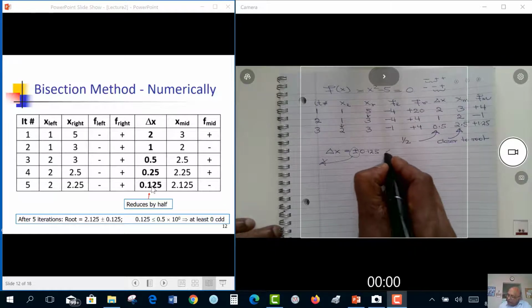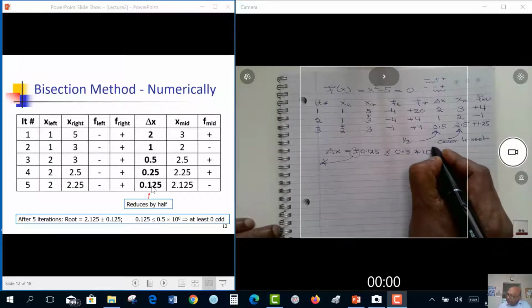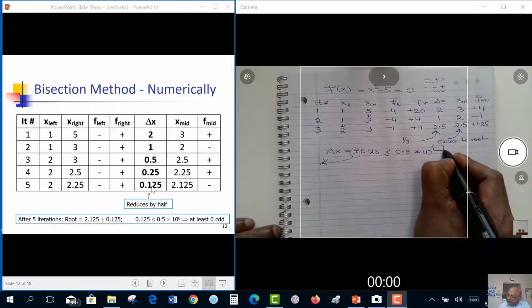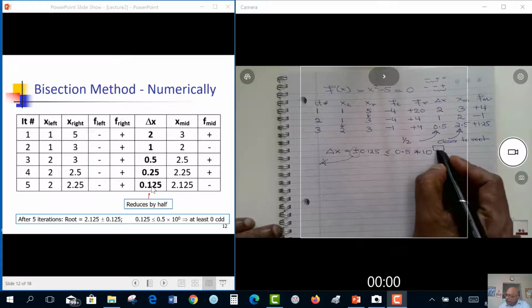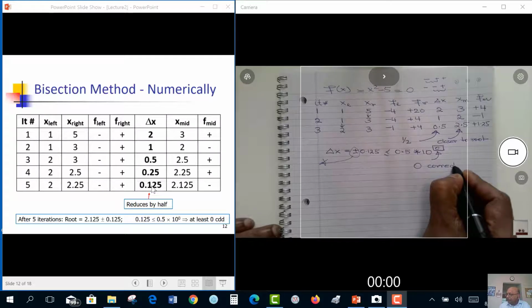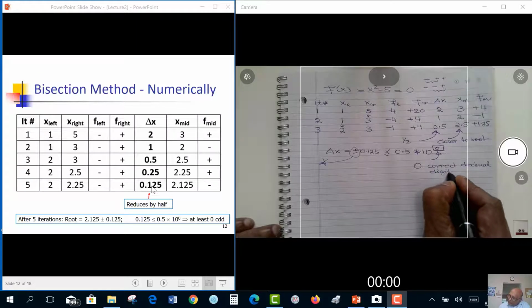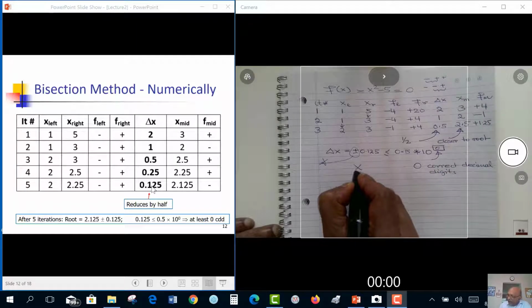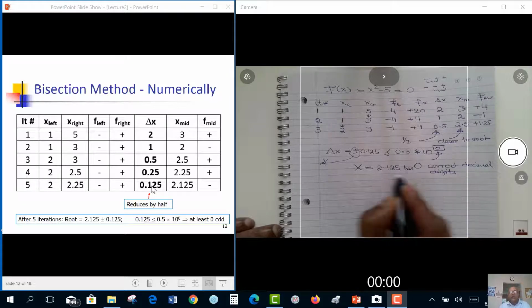So we see that this magnitude is less than 0.5 times 10 to the power, whatever is the largest number that we can put here would be great. So we can see that the only largest number we can fit here is 0. So our approximation has 0 correct decimal digits. So this answer, x is equal to 2.125, has 0 correct decimal digits.